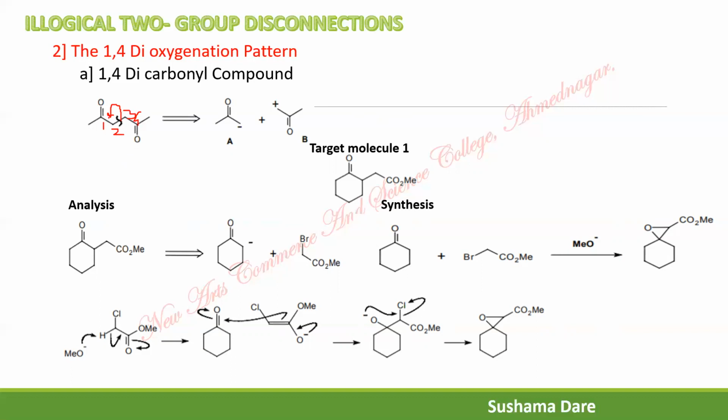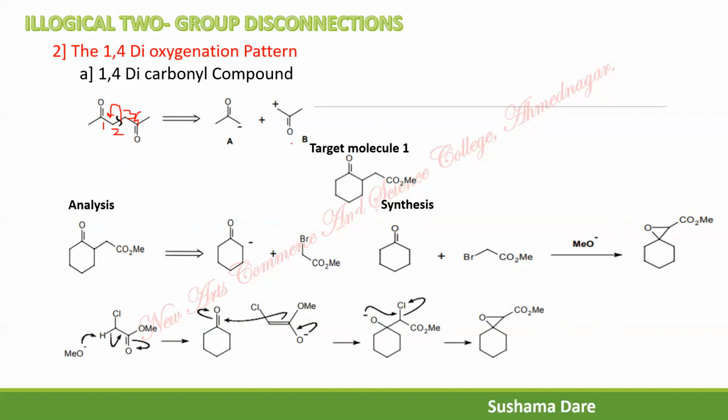But remember, in this disconnection, if number 2 and number 3 carbons are not equally substituted, then the preference is given to the more substituted carbon. That is, the bond we have to disconnect is in the direction of the more substituted carbon.